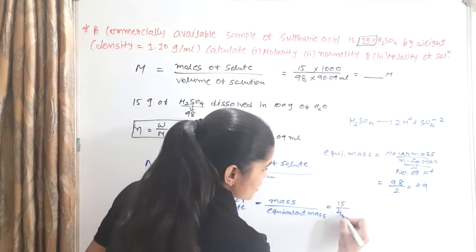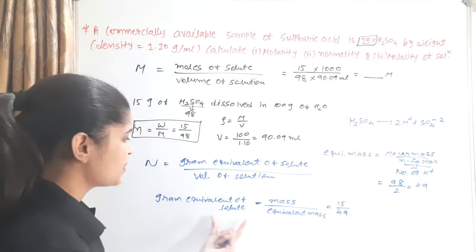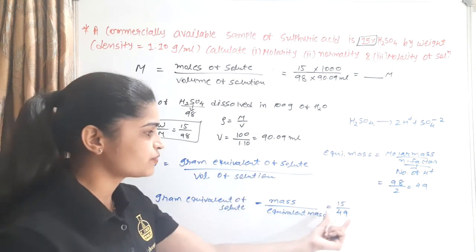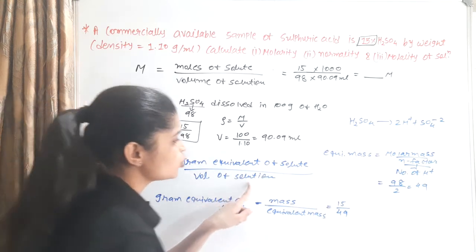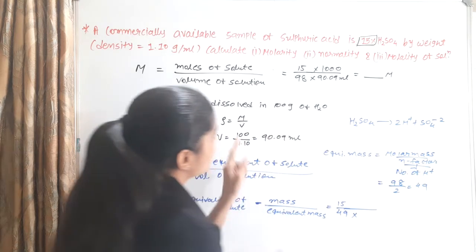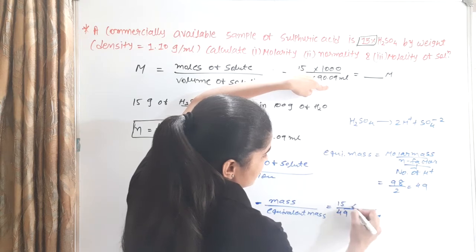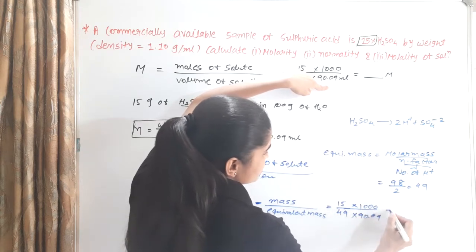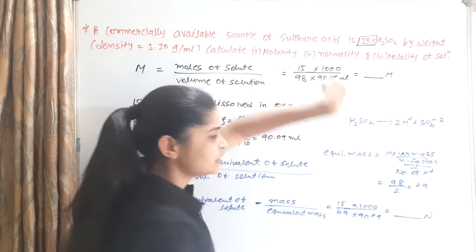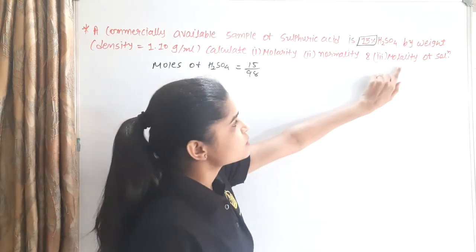So the gram equivalent of solute is 15 by 49. Then it is divided by the volume of solution, 90.09 ml, and since it's ml, multiplied with 1000. It gives the normality.